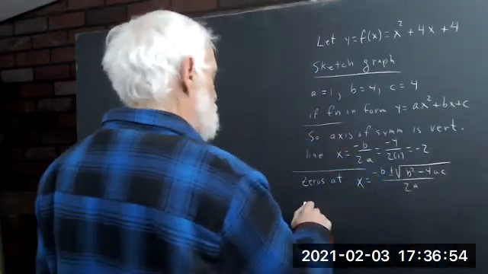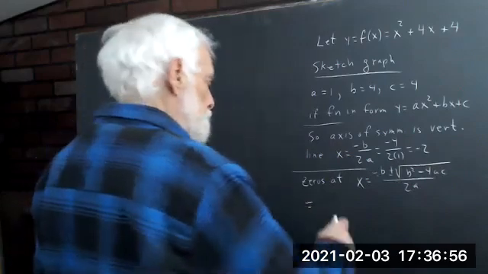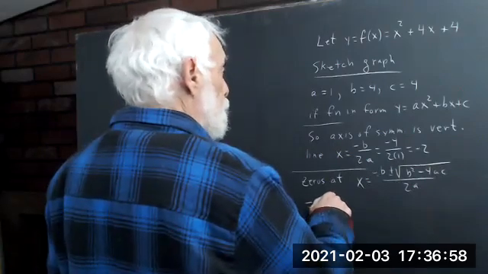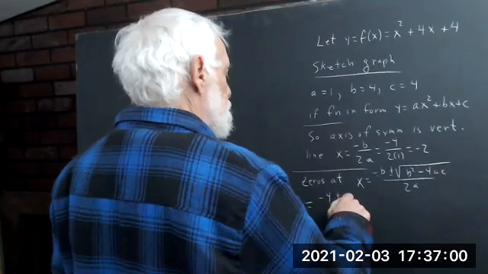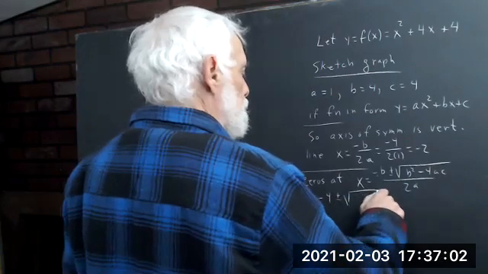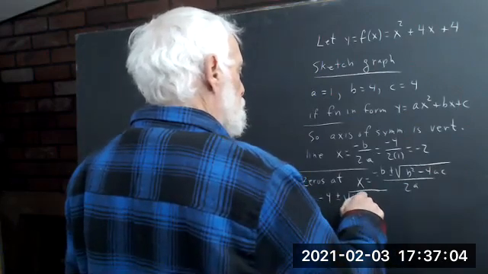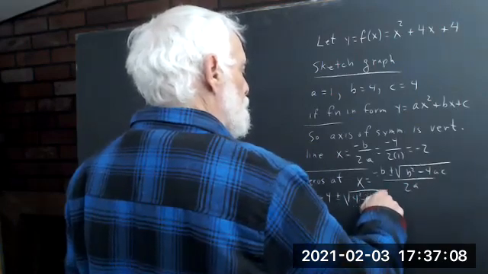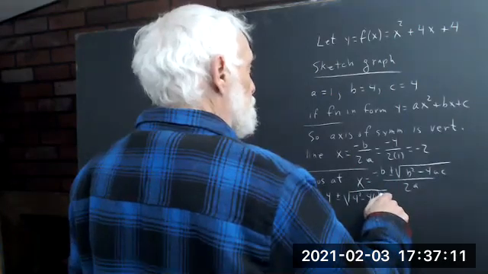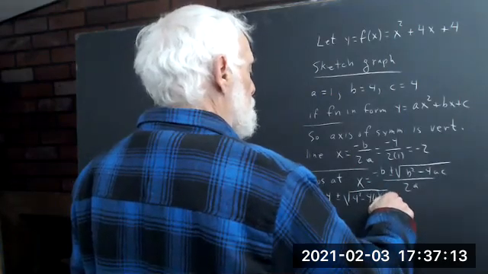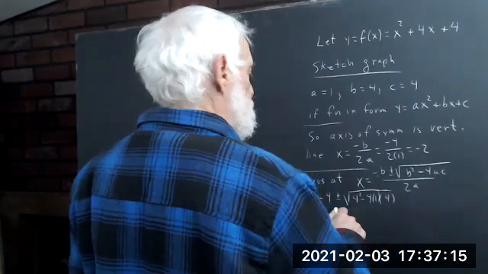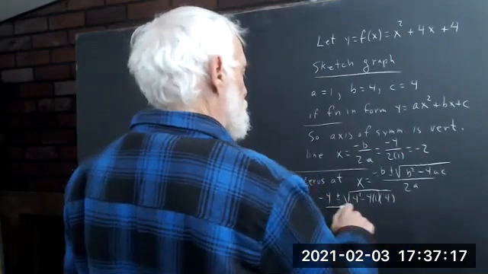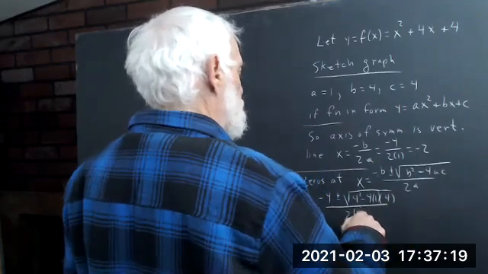And that equals negative 4 plus or minus the square root of 4 squared minus 4 times 1 times 4, all that divided by 2 times 1.